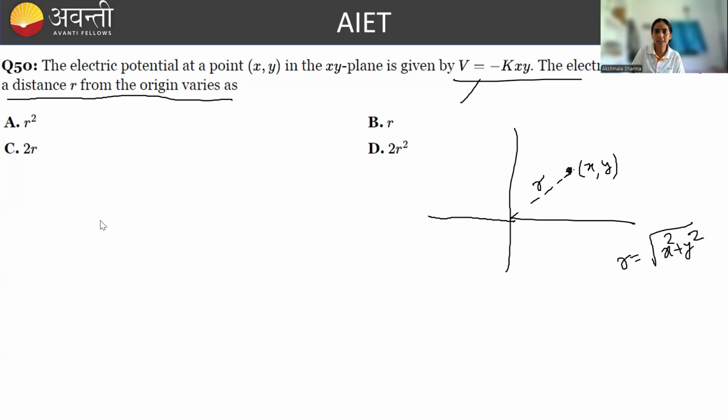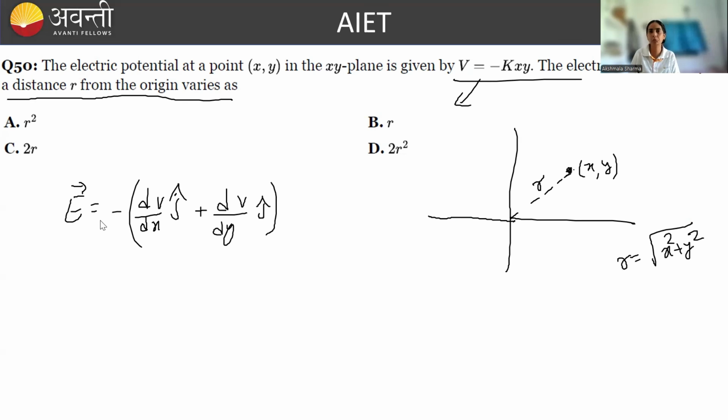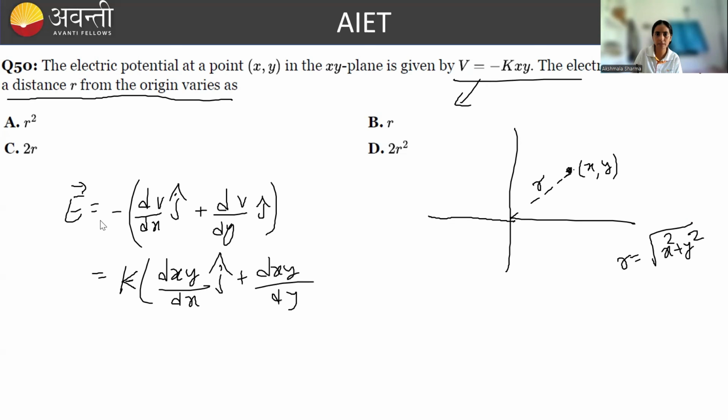Okay. Now from potential, how can we calculate the electric field? So the electric field can be written as minus of d by dx v i cap plus d by dy v j cap, plus the same thing you will do for k cap, but here since potential is only written in terms of x and y, let's do this for kxy. Take k outside: minus k times d(xy) by dx i cap plus d(xy) by dy j cap.